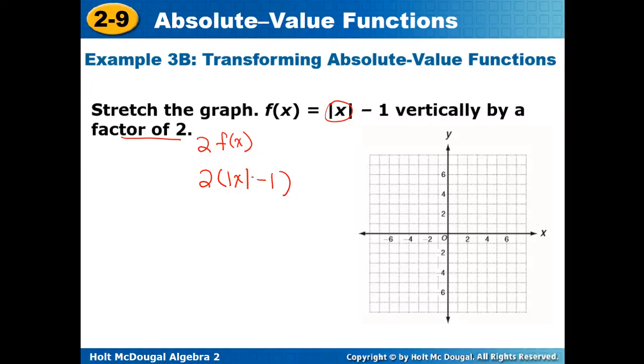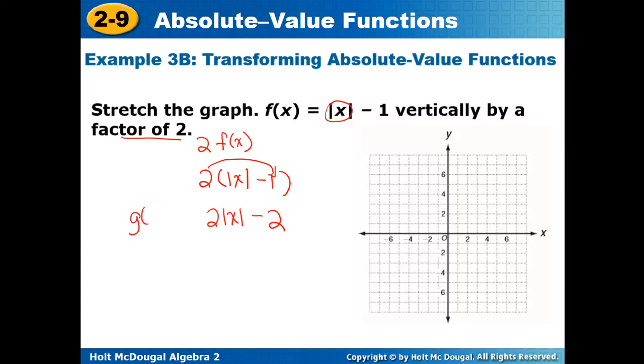All right, so that's the whole f of x, absolute value of x minus 1. It says we're going to stretch it vertically by a factor of 2, so we just have to multiply 2 by the whole thing. So let's just go ahead and distribute this. 2 times absolute value of x is 2 times the absolute value of x, and then minus 2 times 1 is 2. And so that is our entire thing.